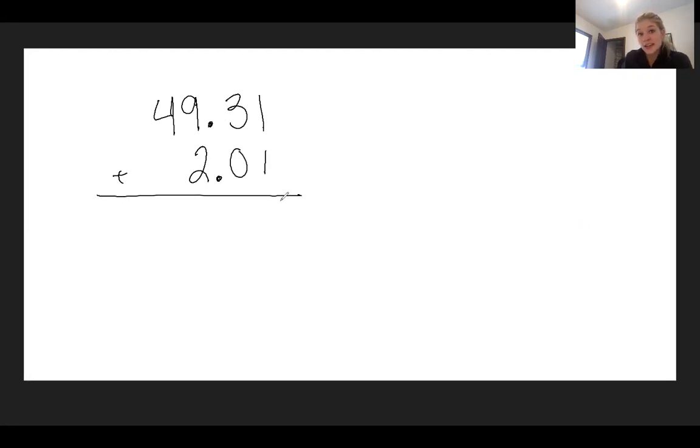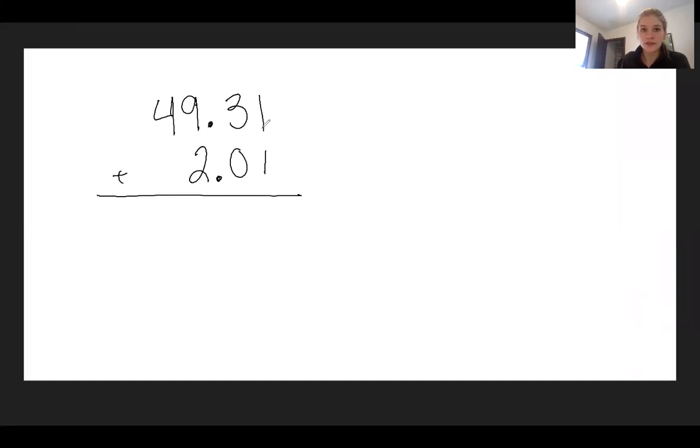Okay, you might have to add something like this up. Maybe you're at the store. Maybe you bought a big thing of snacks, and then you decided to add a little candy bar or something. So here we are at the store, and we're going to add up how much we owe.